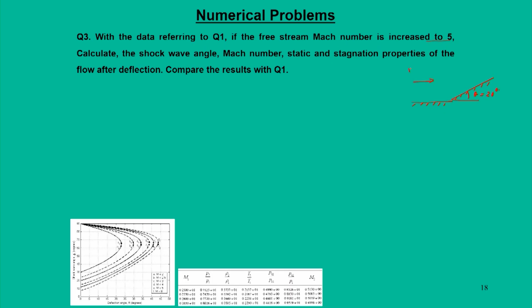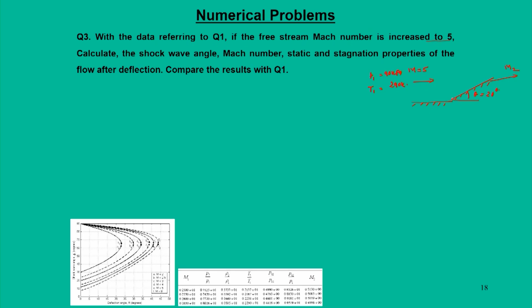Now the Mach number is equal to 5. The streamline will also get deflected. We have the same P1, 90 kPa, T1, 290 Kelvin.